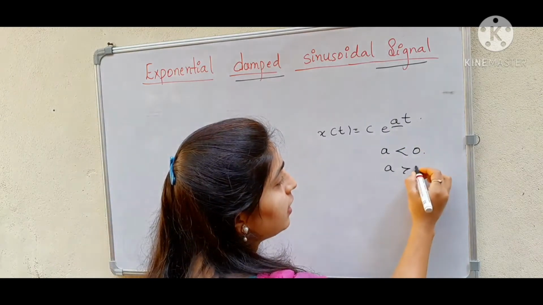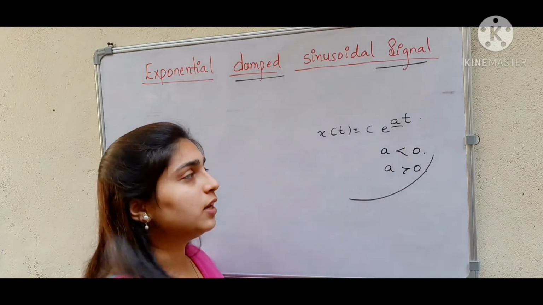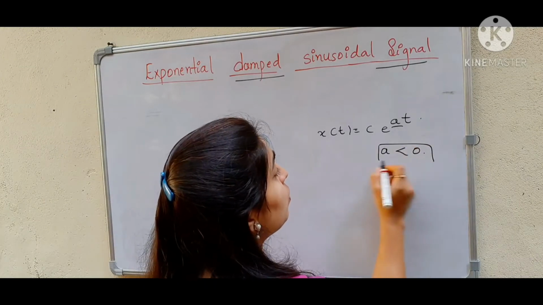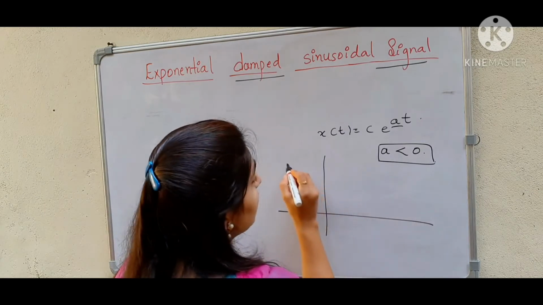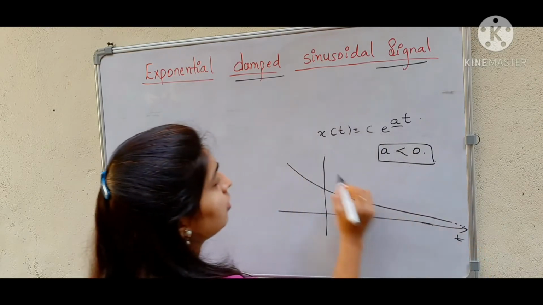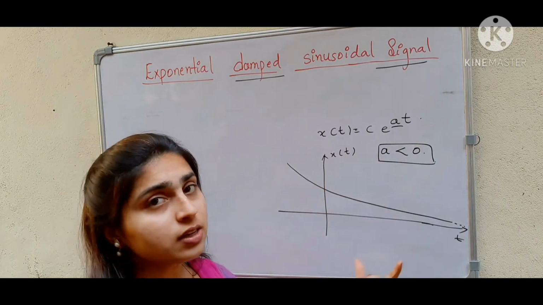And when a is greater than 0, it will be the growing signal. We are interested in a less than 0 now. This will be the graph for that. This was our exponentially decaying signal.